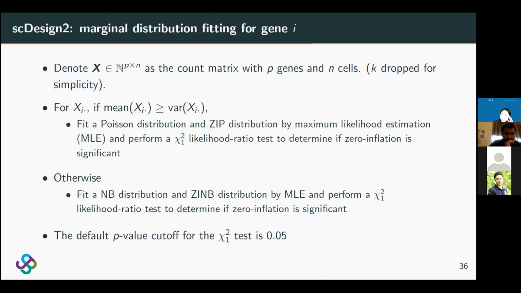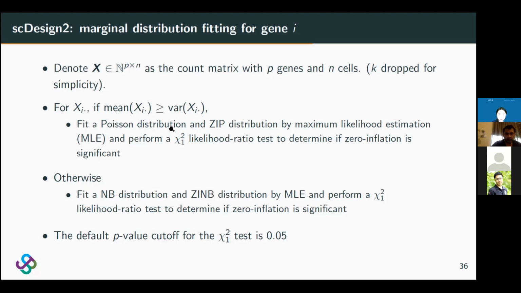Because we know that NB is used to account for the over-dispersion issue that Poisson cannot address. Poisson requires the mean to be equal to the variance, but if the variance is much bigger than the mean, Poisson cannot be well fit to the data, so we use NB. Our simple judgment is: if the variance is not bigger than the mean, we fit Poisson or zero-inflated Poisson, and decide between those two using a likelihood ratio test.